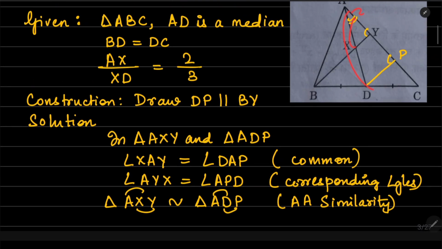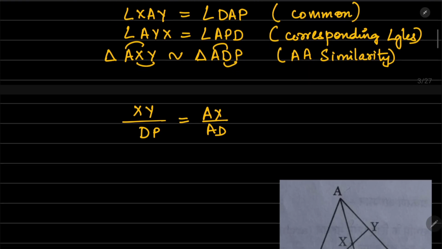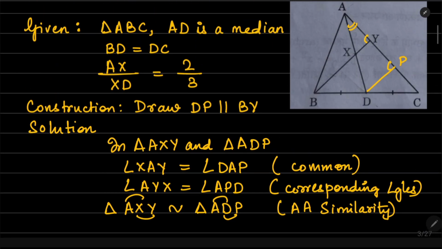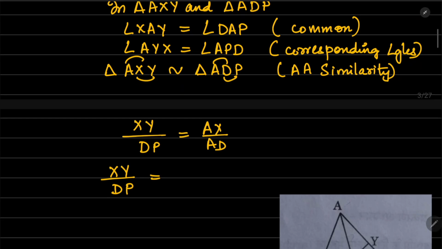Okay, smaller triangle by the bigger triangle, corresponding lengths. What is your AX ratio? AX is 2 and XD is 3. So AX by AD. AD will be 5, right? Yes or no?